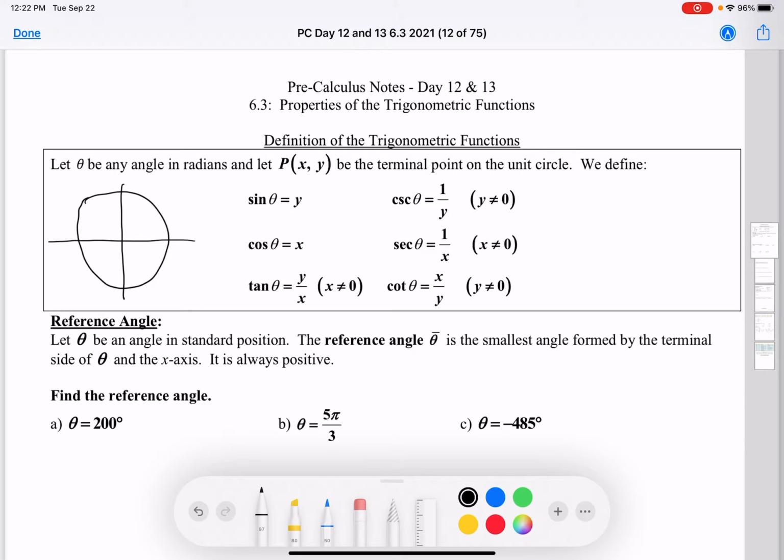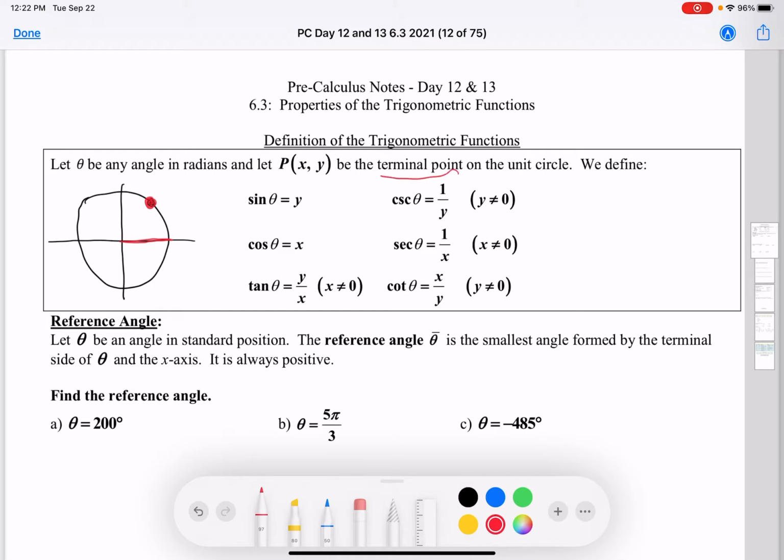okay, and let's say we land here on the unit circle, well, we know that we go counterclockwise to get our angle measures, and we do that starting at the x-axis, and so this would be my initial side. And where I stop on the unit circle, that point there, is what we are referring to as the terminal point, okay?